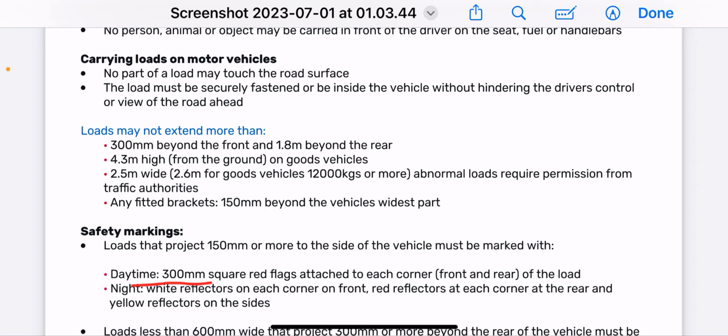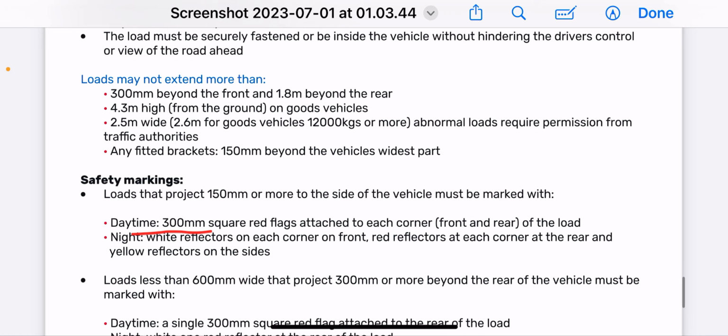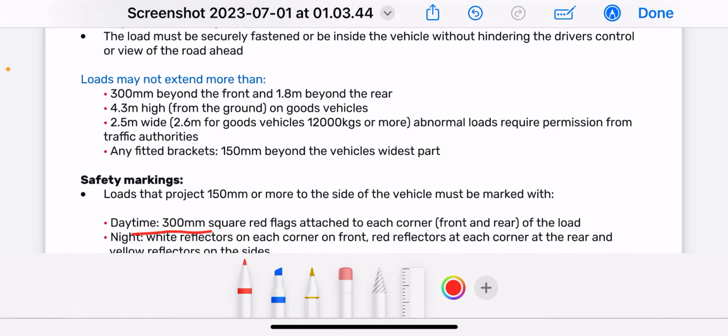Right. The load must be securely fastened or be inside the vehicle without hindering the driver's control of view of the road. Now, loads may not exceed 300 millimeters beyond the front and 1.8 meters beyond the rear.